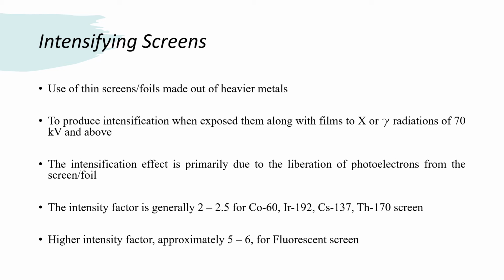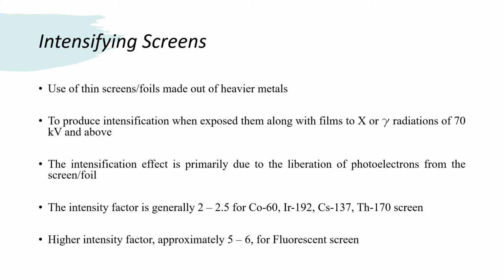The screen helps to cut down the exposure time by utilizing more effectively the radiation reaching the film. The intensification effect is primarily due to the liberation of photoelectrons from the screen or foil.